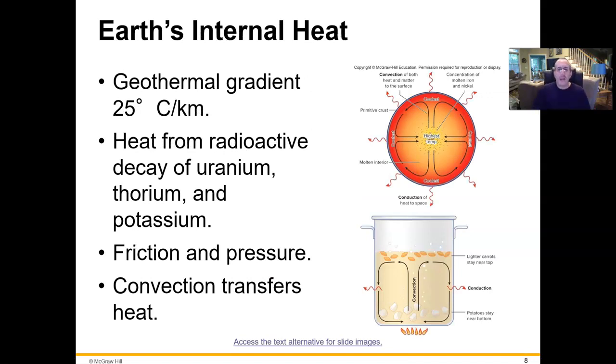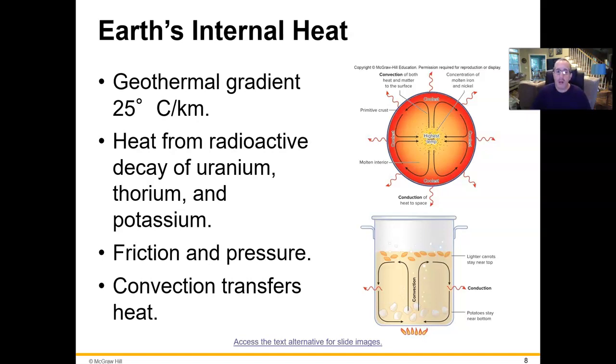So the internal heat of Earth, in one of the videos I share with you in your lesson, it really explains this really well. This all started back when the solar system was born and the planets were formed. There was a lot of frictional heat from impacts from different celestial bodies.